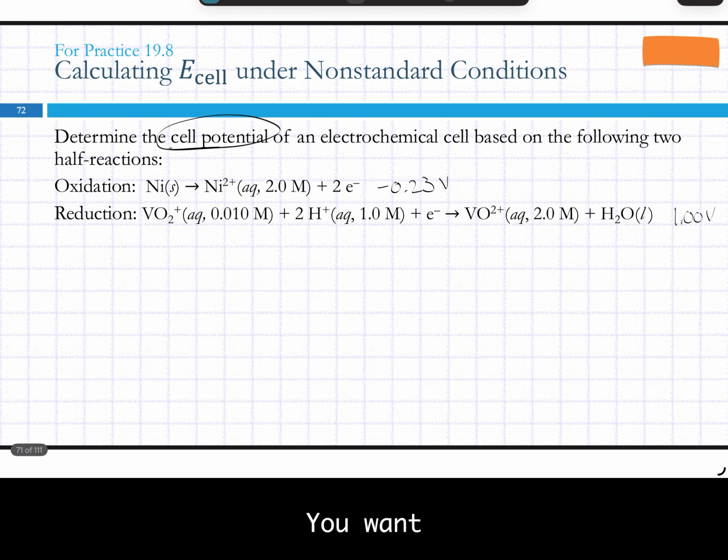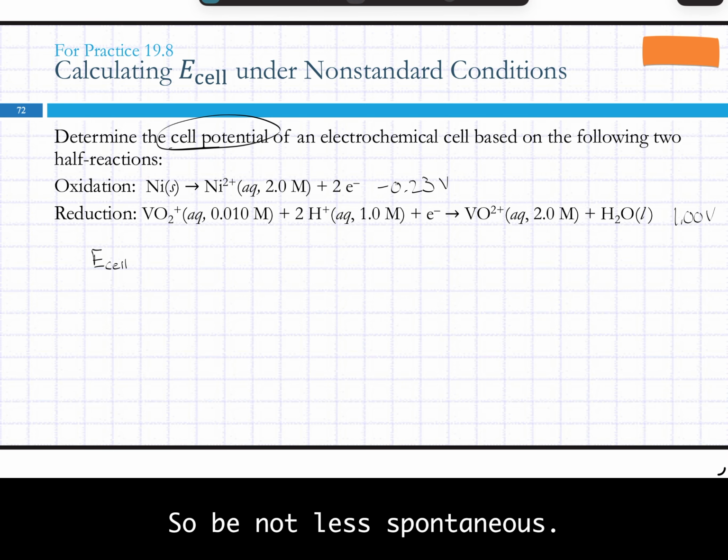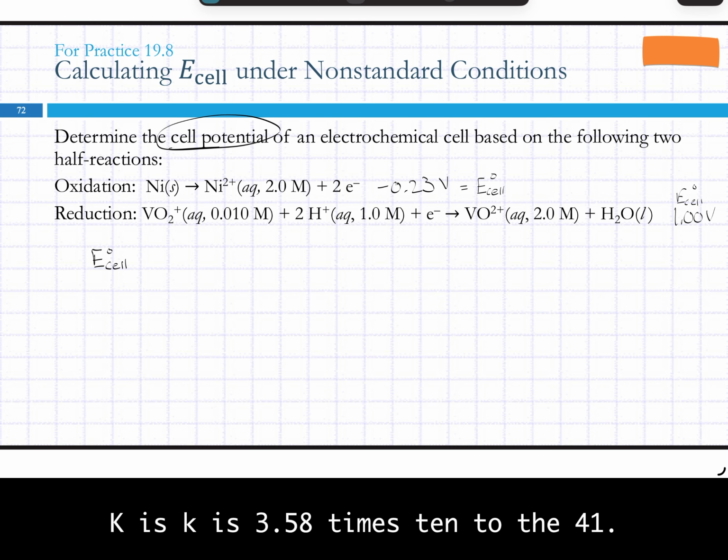One, it's spontaneous, and the larger K is, the more spontaneous it is. So if it got less spontaneous, Q has to be less than K. And it's a lot less. It's a lot less than K. K is 3.58 times 10 to the 41.